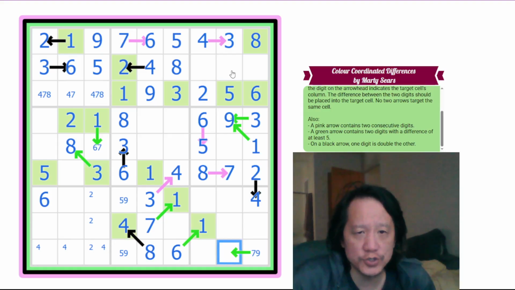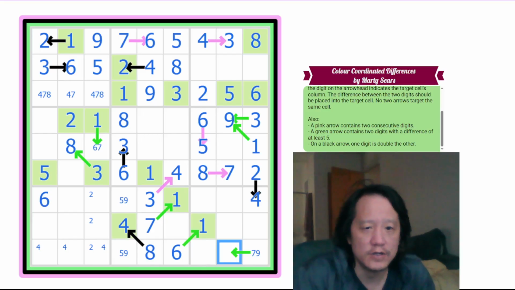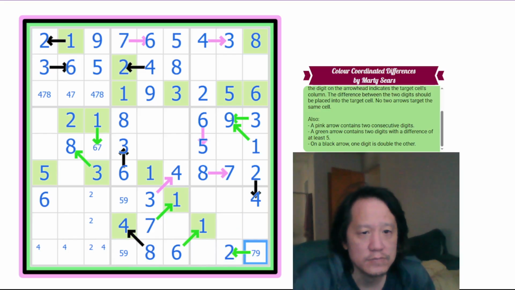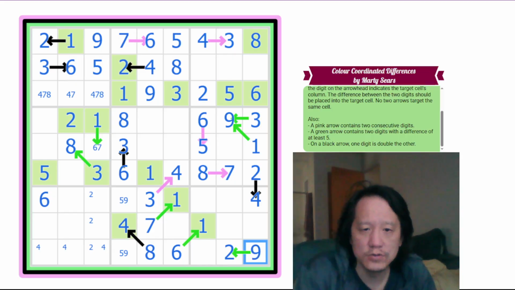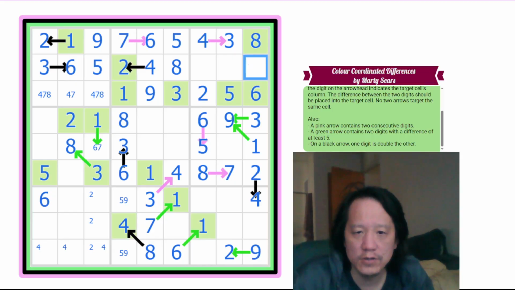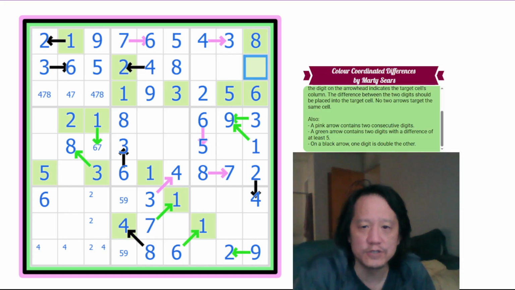This has to be 2 because it cannot be 1, 3, or 4 because of 1, 3, or 4 in the box or the column. So this has to be 2. So 7 and 2 would make this a 5, but that's not possible. So this has to be 9, 2, which forces that to be a 7. So this is 9, 2, which points there and is forcing that to be 7.